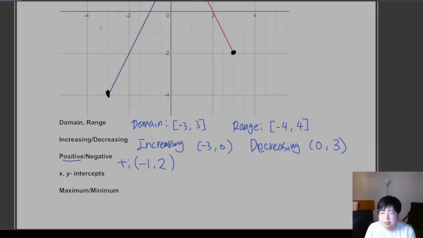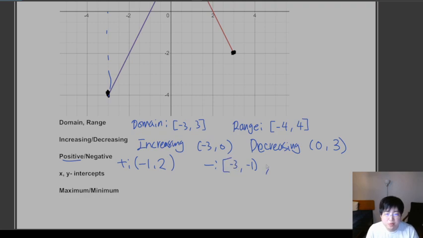But when x is -3, y is -4, so it's still negative. So the negative portion is first, where x is less than -1. We are not including -1, okay? And -3 or greater. So this end is the square bracket.